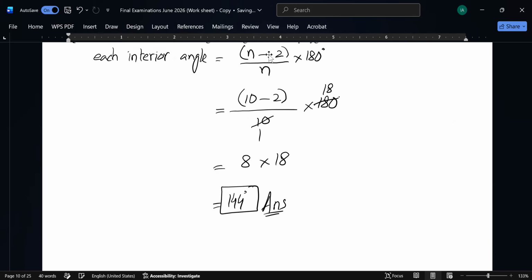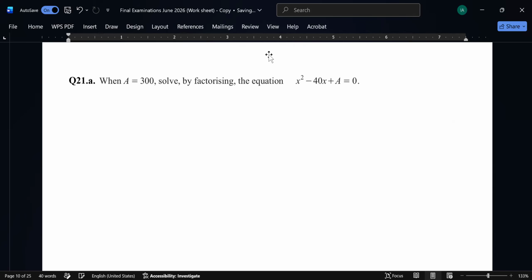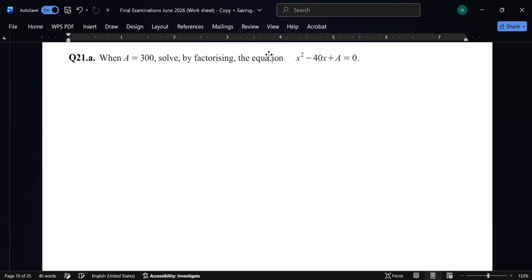Now we're moving on to the next question. In this, they gave you an equation. After substituting 300, you need to factorize this and solve the quadratic equation. But before this, we substitute the value of a.